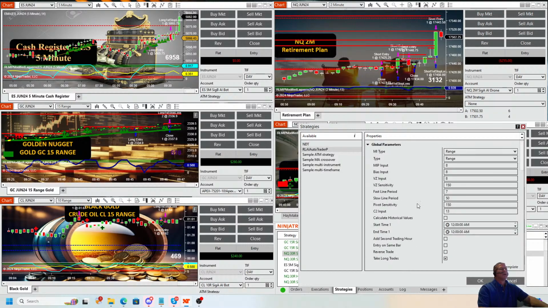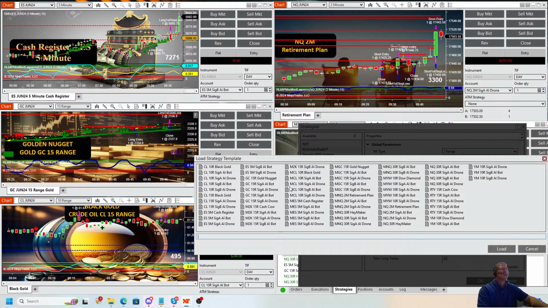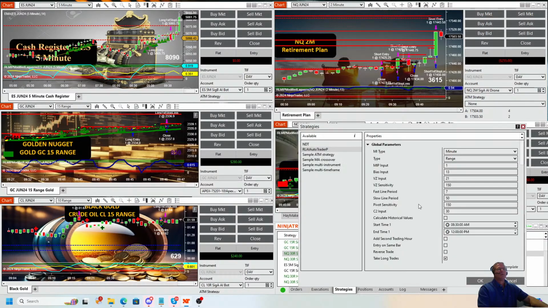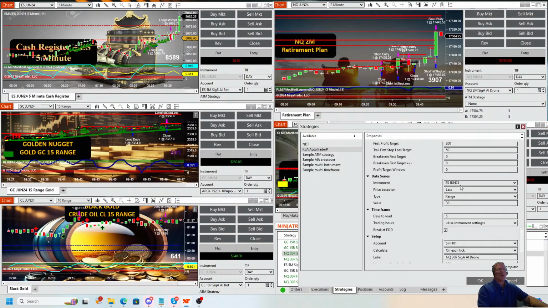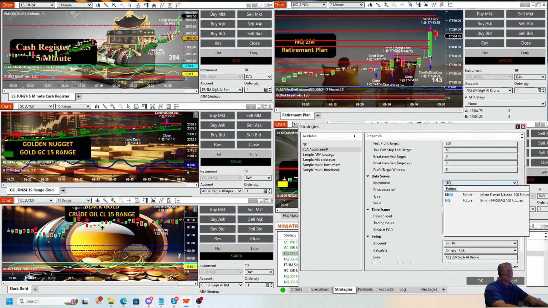And I'm going to also take the NQ30 range. So I'm just preparing some strategies that I want to trade on my Apex account. And I'm continuing to run all of the strategies in their separate SIM accounts.